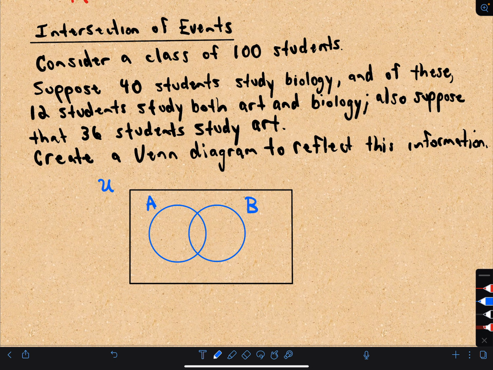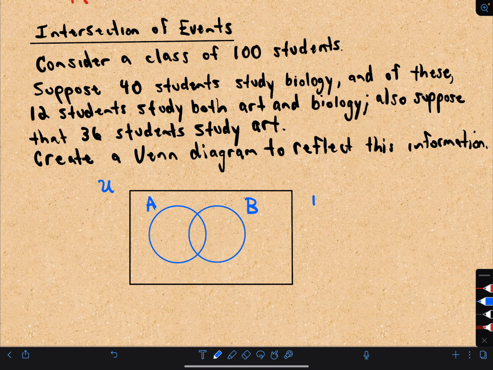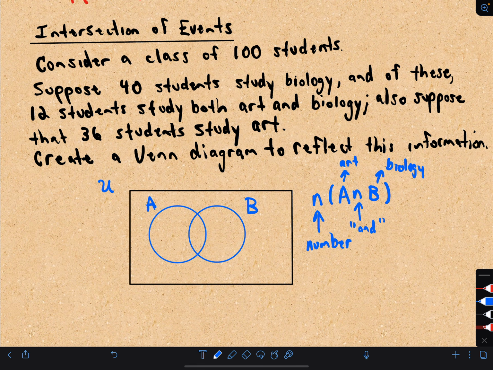So we know that 12 students study both art and biology. So that's going to be the intersection. So we know that the number of students that study art and biology, so n stands for the number. There's our set of students that study art, our set of students that study biology. And the intersection, this little upside down U, you can think about that as being the word and.